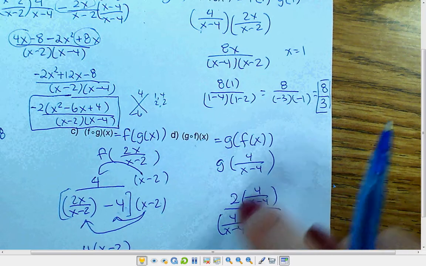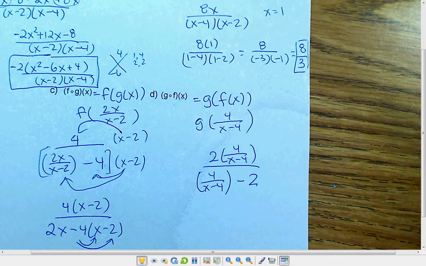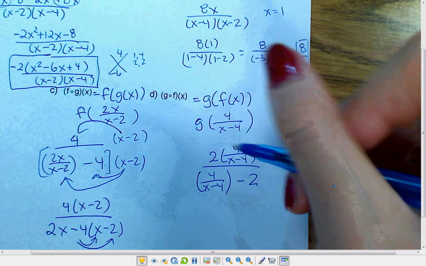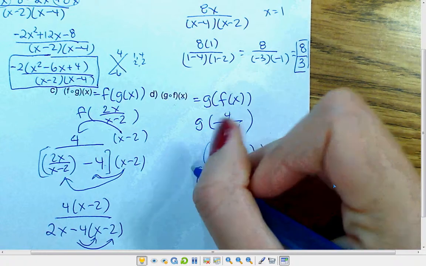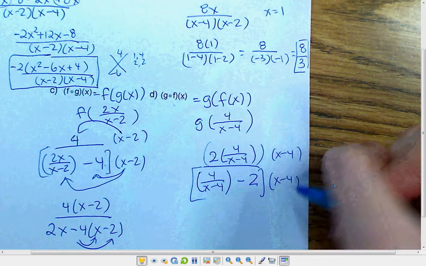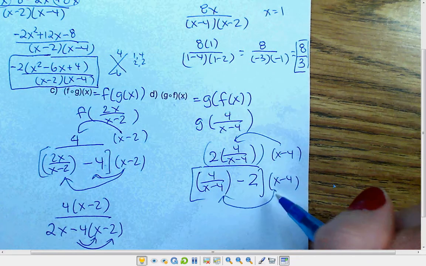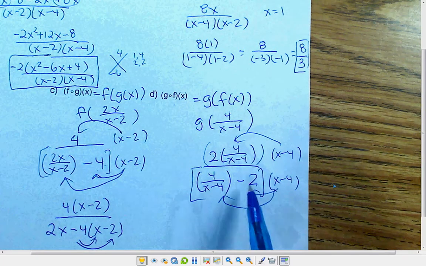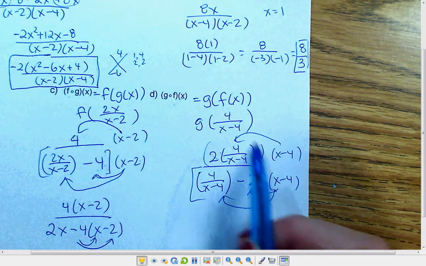So notice how every single place I had an x in my g of x, I replaced it with this function. So again, we are going to multiply by the LCD, which is x minus 4, to all of our terms. So this is one term up here, and then here's 2 terms in the bottom that we're multiplying. So again, terms are separated by a plus or minus, so this 2 is not a separate term. This is all one term.